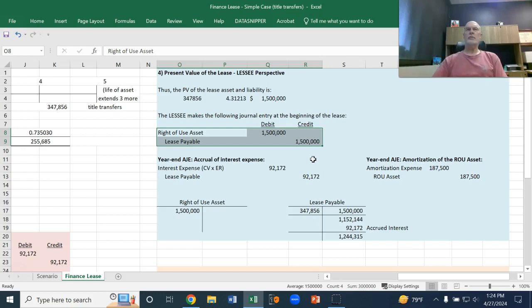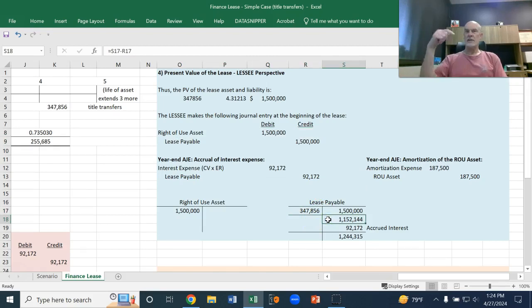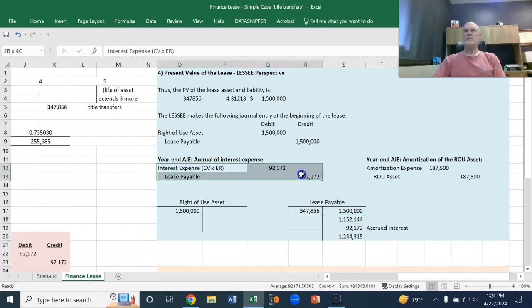And then of course they'll have the initial payment. And so at the end of the first day, the beginning of the first year, we have that $1,152,144 lease payable. That lease payable will accrue interest at 8%. So the lessee will debit interest expense and credit the lease payable.